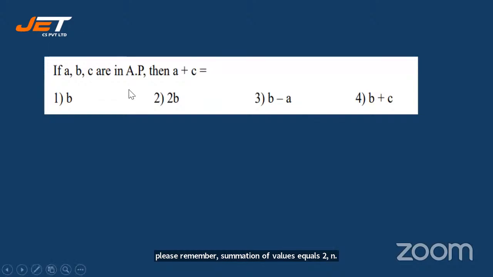If A, B, C are in AP, then A plus C is equal to. Please do it. If A, B, C are in AP, arithmetic progression, then A plus C is equal to.